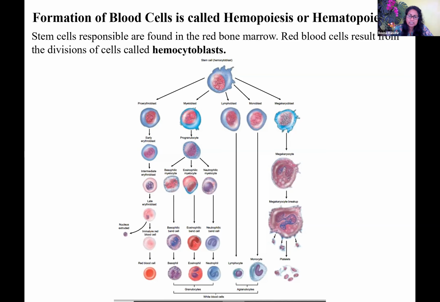Blood in adults is formed in the red bone marrow through the mother cell called hemocytoblast. That will differentiate to all these lineages depending on the stimuli. Let's say your blood count is low, your RBC is low.